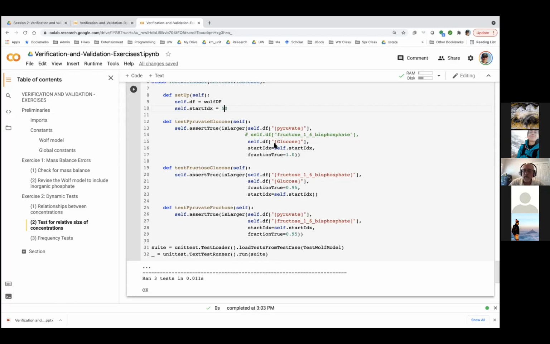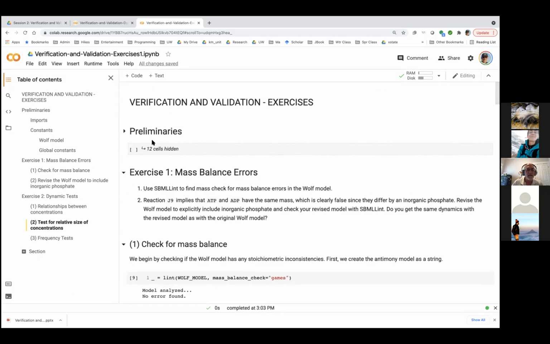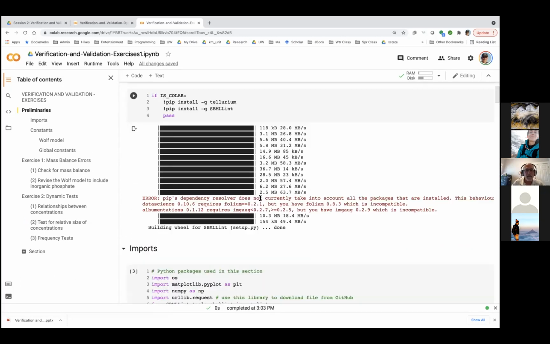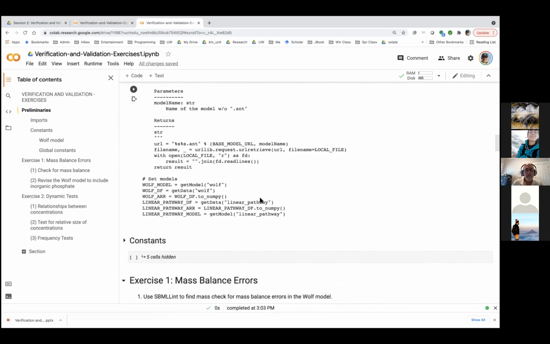And there is code here that you can take a look at. I think it's included in preliminaries, if we look at where these come from. There's the wolf_df constants section.